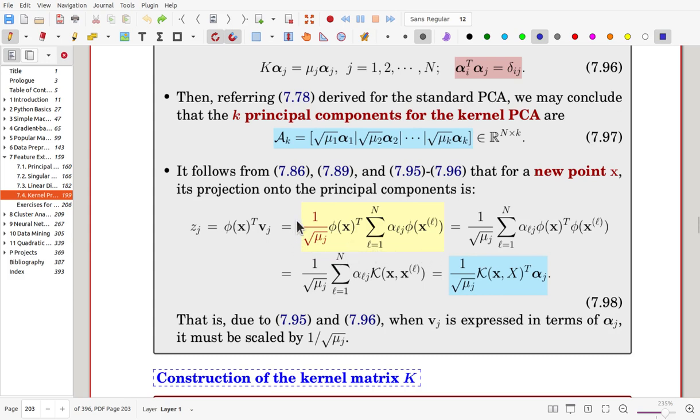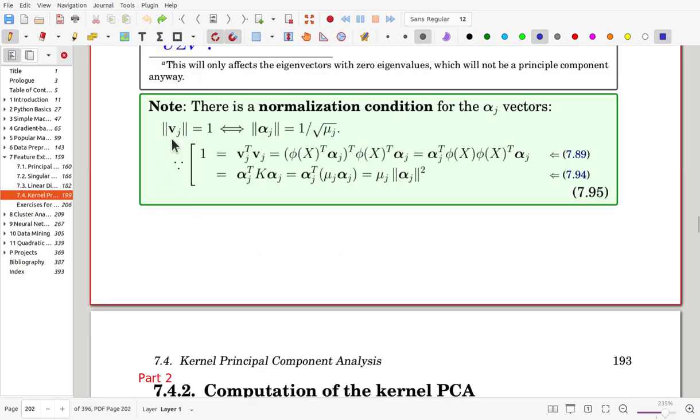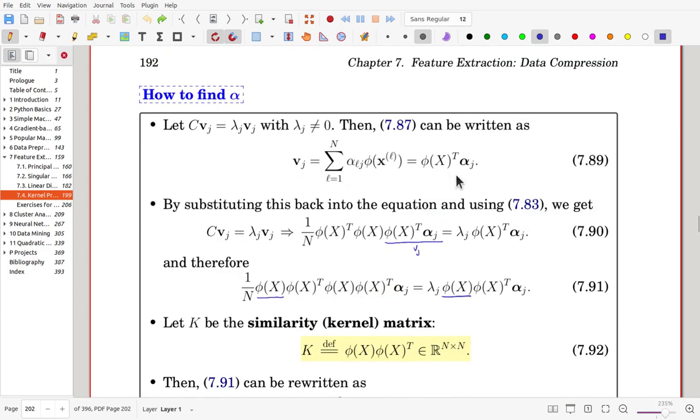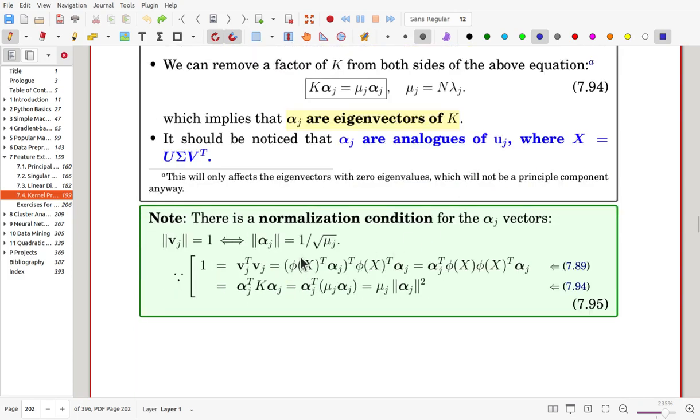Now we have an extra component. The reason is that, earlier in the first part, once Vj is normalized to become 1, then the length of alpha j must be 1 over the square root of mu j.